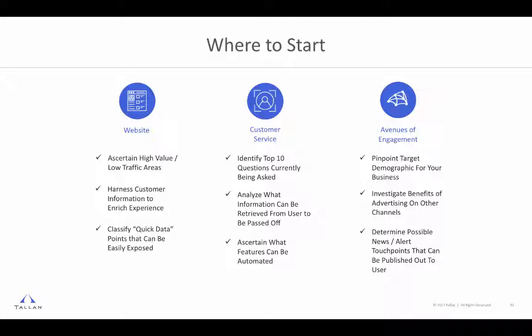Another piece of low-hanging fruit is identifying which pieces of quick data points can be exposed to make your chatbot that much more enticing, right? We talked about this with the American Express, right? This is like the first thing that I ask people when I walk in the room. I'm like, people love chatbots. How do we get them to use your chatbot? What can we expose that's super quick, right?